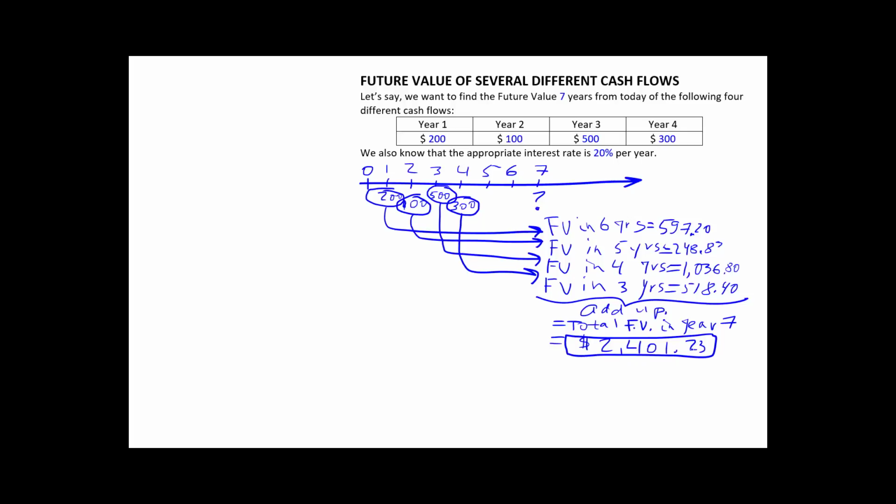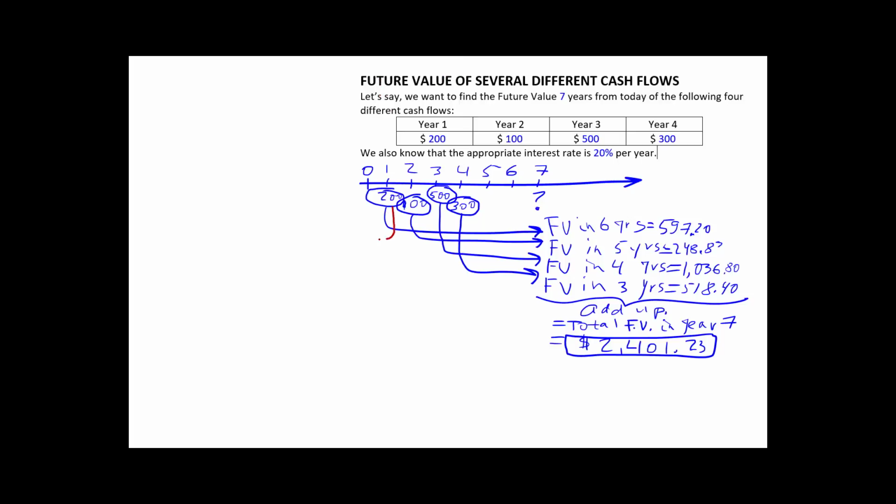Now let me show you one more way you could do it, which would save you a lot of time. I've been telling my students that you have to find individual future values and then combine them, and that's the only way. Well, technically, you could use a slightly different method.